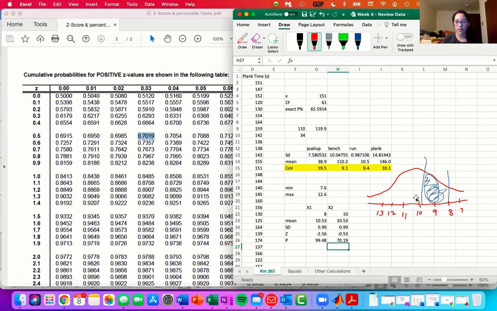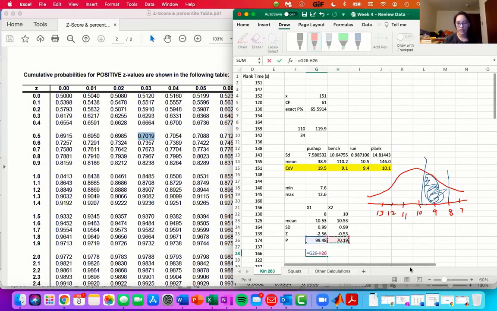But I'm not interested in this blank section over here, right? So I would subtract the percentages, and that would give me what's left over in this blue area. Okay. So our answer would actually be 99.48 minus 70.19, which gives us 29.29%.